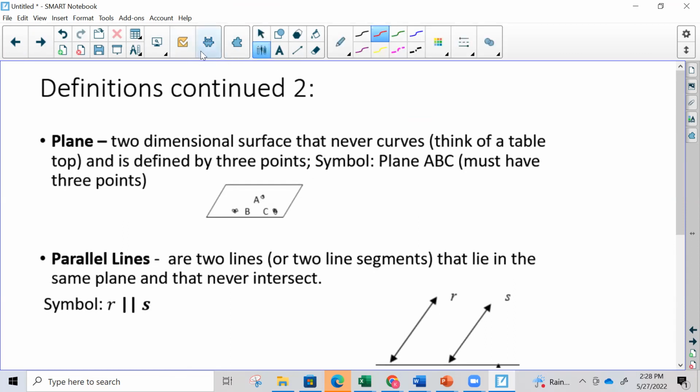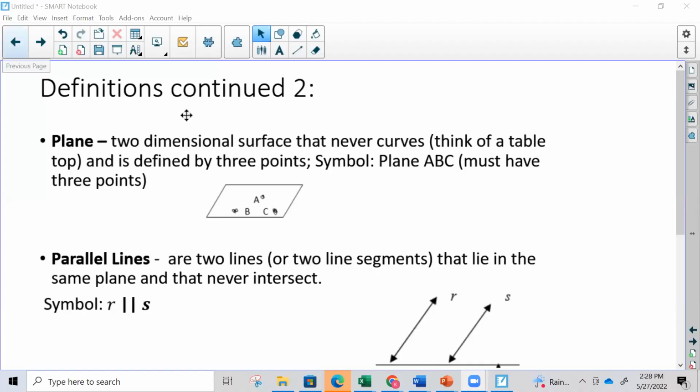So then we have different two-dimensional structures. Another one is a plane. A plane is a two-dimensional surface that never curves. Think of a tabletop, and it's defined by 3 points.